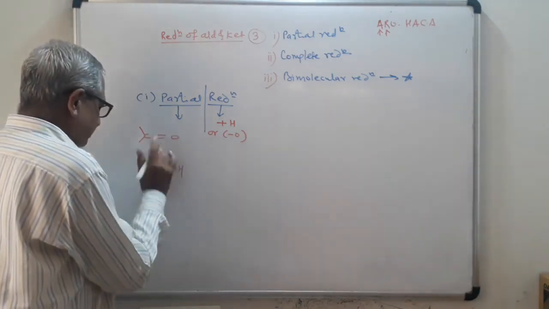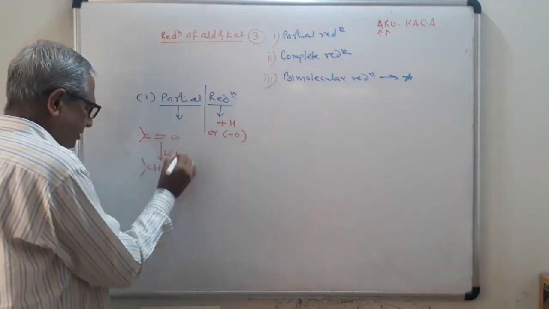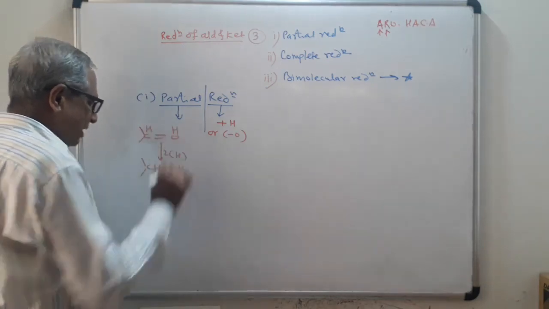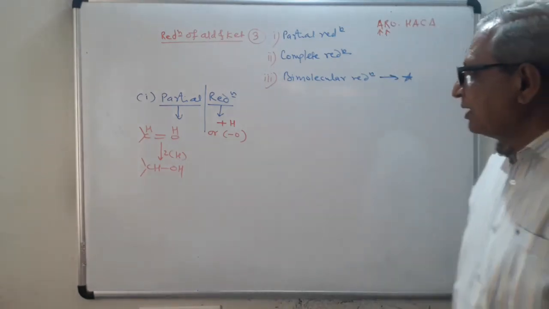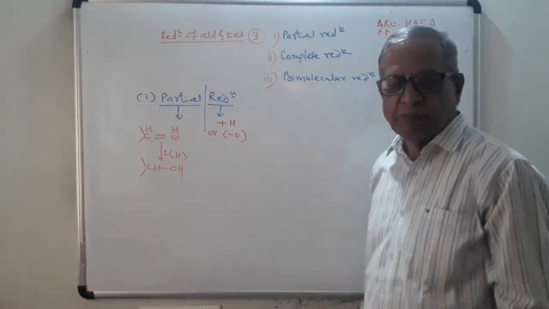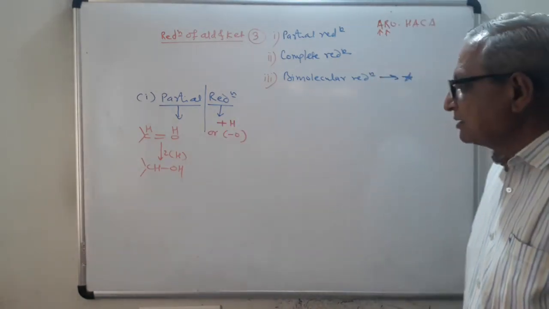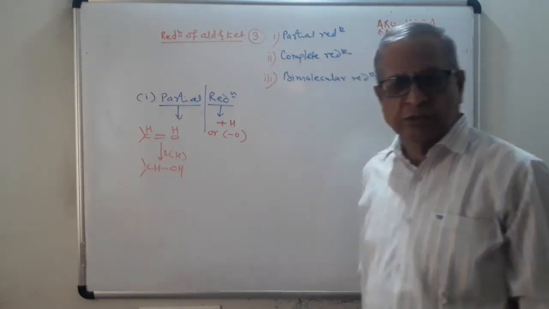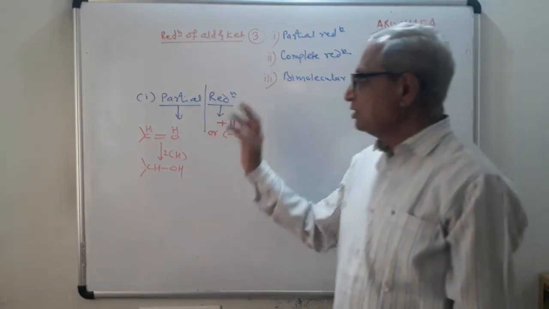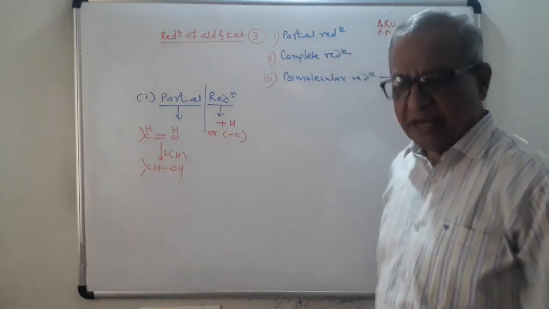In this reaction 2 hydrogen atoms will be added, one hydrogen atom here and another hydrogen atom here. This is the meaning of the terms reduction as well as partial.